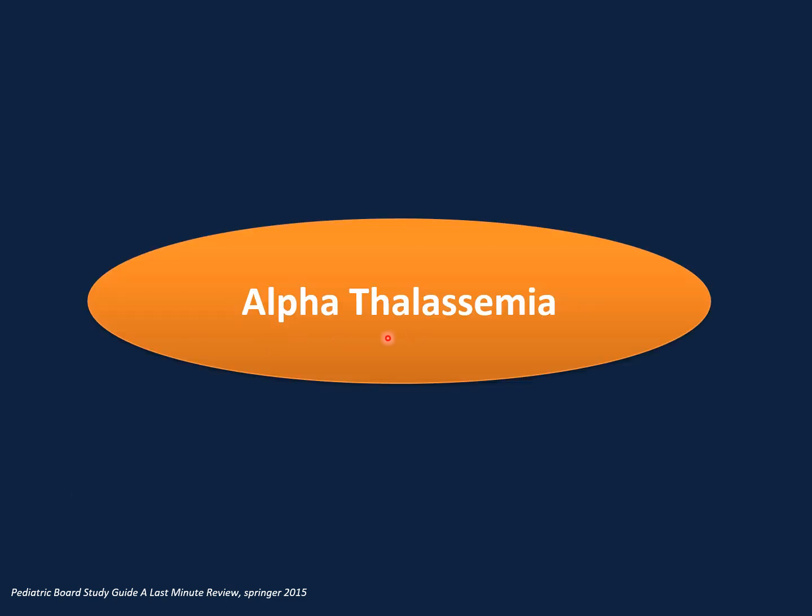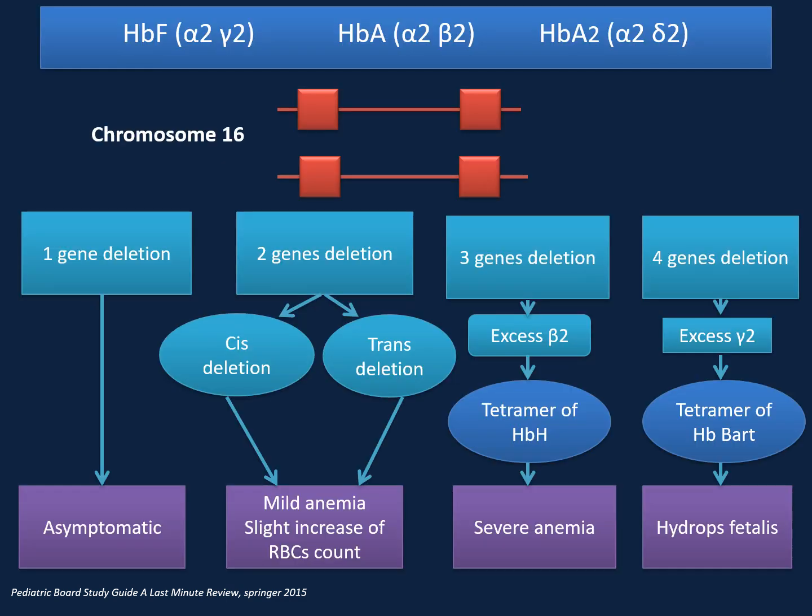We'll start with alpha thalassemia. This slide is to summarize how alpha thalassemia develops. As you see here, the alpha globin is part of each hemoglobin. A normal healthy individual has 4 alpha globin genes, 2 on each chromosome 16.